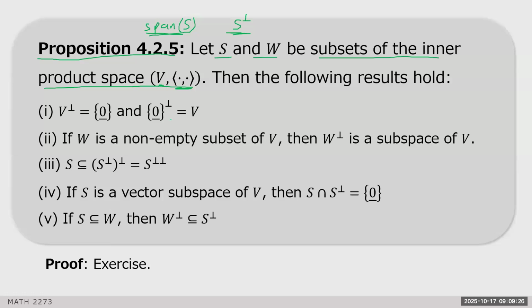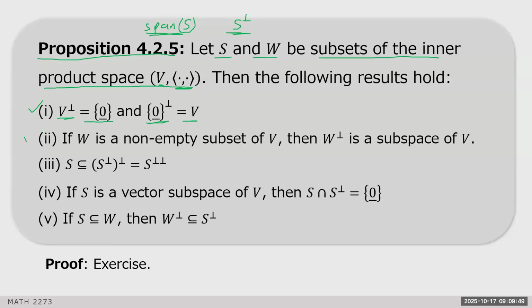Then the following results hold. The first one we already saw earlier: the orthogonal complement of the entire space is just the zero vector, and the orthogonal complement of just the zero vector is the entire space.